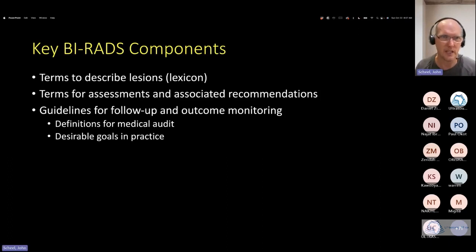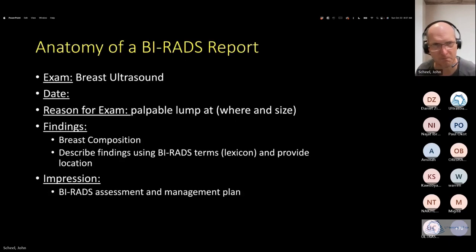So key BI-RADS components are terms to describe lesions, which are called lexicon, terms for assessment and associated recommendations, and guidelines for follow-up and outcomes monitoring. This is commonly referred to as the medical audit. This is often an overlooked part of BI-RADS, but here is the structure of an ultrasound report.